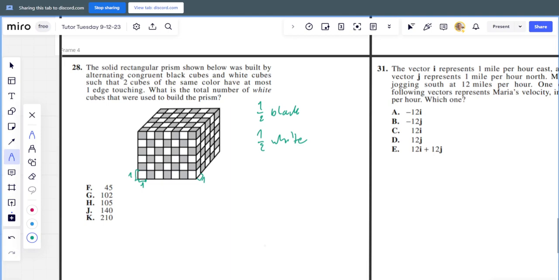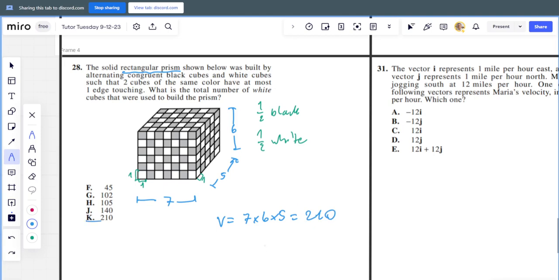It's not exactly a cube though, it's a rectangular prism. So the dimensions of the prism are 7 by 5 by 6. And I see we've got some calculations in the chat. The total volume is going to be 7 times 6 times 5, which is 210.